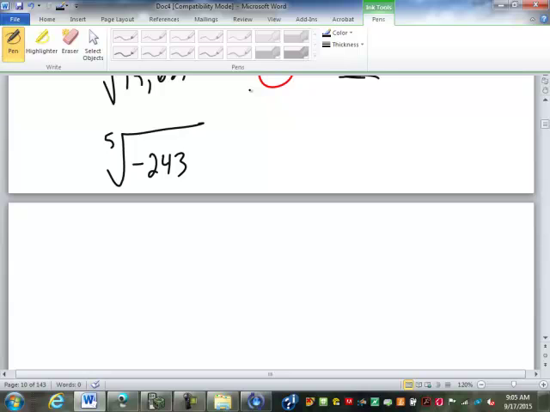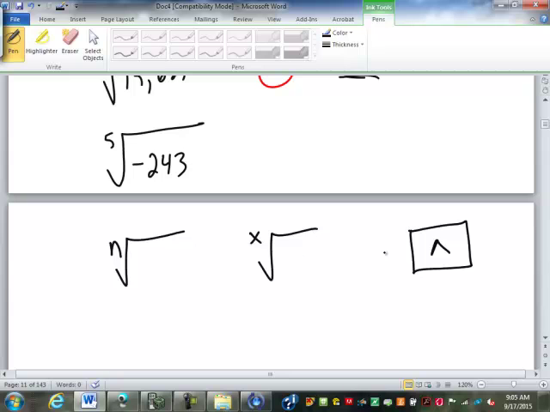To do a fifth root on your calculators, most of you have an n root key or an x root key, depending on what you have. For most of you, it's actually going to be above your caret key. So you have to do second and then hit the caret key. You've got the x root right above it. So the way you would enter this into your calculator is you would enter the 5 as the index of the root.